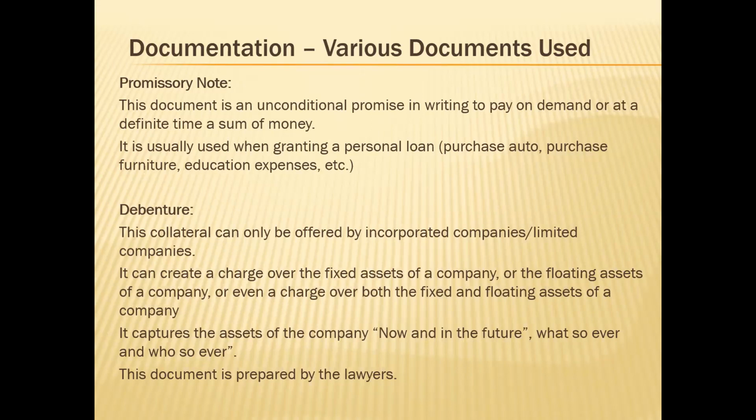So those will be fixed assets. Okay, the floating assets normally are your inventory, and that's because inventory changes from one day to the next. So as you get stuff in, by the end of the month, you may not even have any of that stock that you took in.